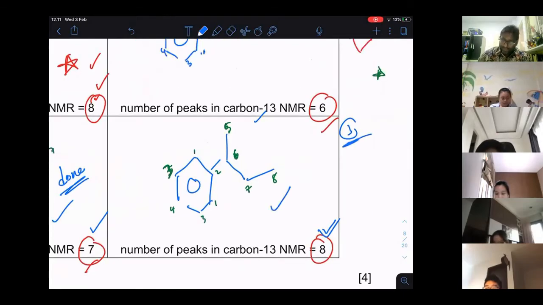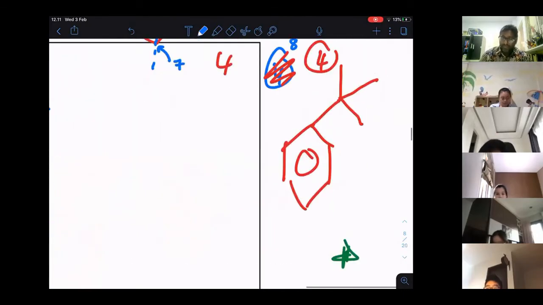And then the last one, the one that reacts with carbocation number 4. You see 1, but they are bonded with the same carbon. Carbon number 1 is bonded to this carbon. This is 2. 1 is bonded to 2. This is also 1, bonded to 2.